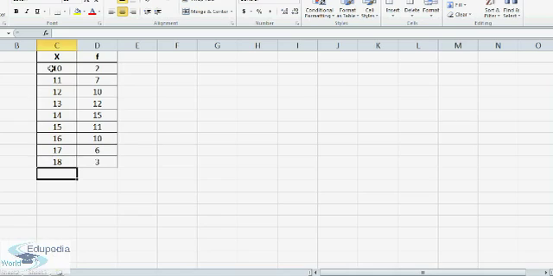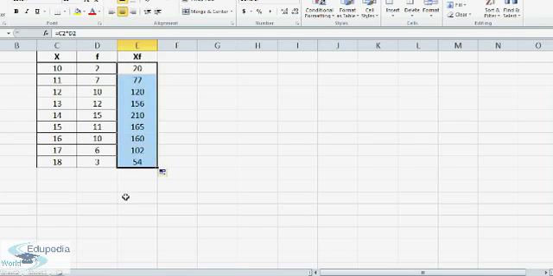Alright, so here we have a set of data with the frequency values given. To use the first formula, I need to first find the arithmetic mean, for which I need to take the sum of x into f. So this is x multiplied by f for all the cells. Let me drag it down. So here we have x into f.